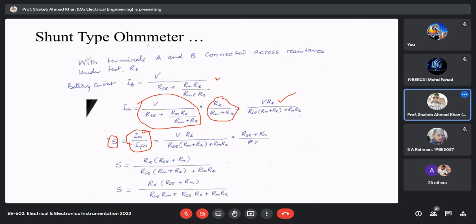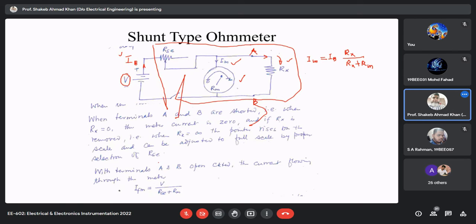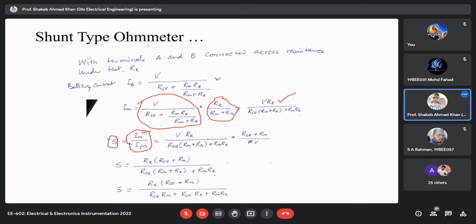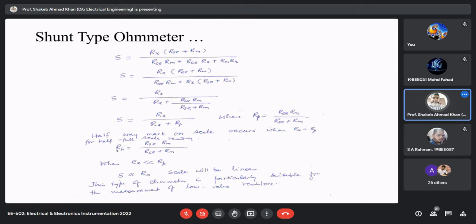Then we took this ratio. IFM we took from equation 1, and IM from this expression. We took the ratio of these two expressions, and then we kept on simplifying, and reached this expression.